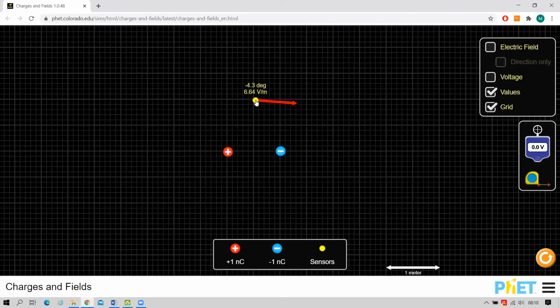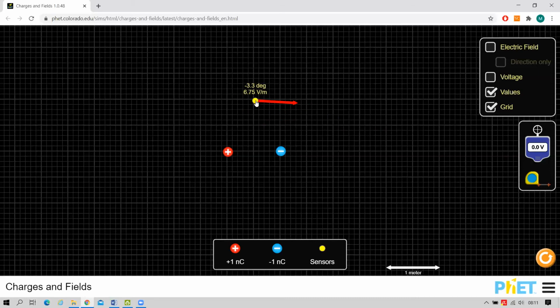If you go to twice the distance, the electric field strength will drop by 1 over 8 because it goes as 1 over r cubed, and r is 1, then r is 2.